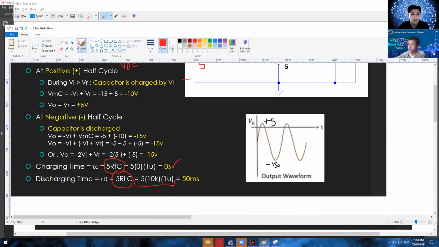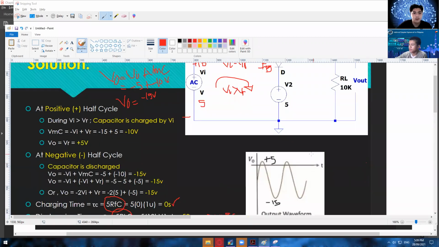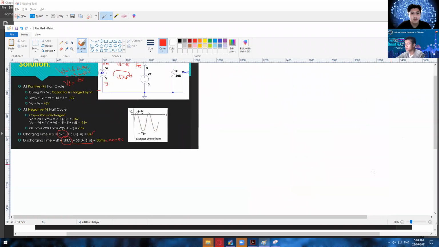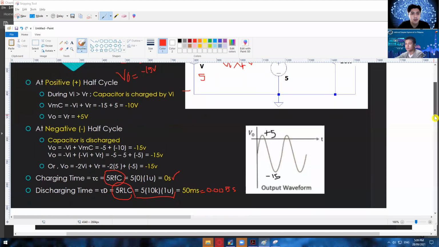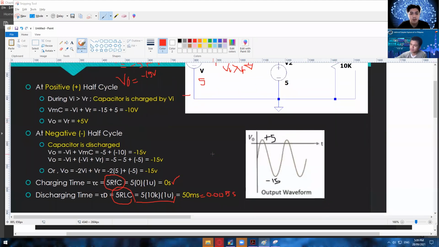In here, your answer will be in seconds, so this one is equal to 0.05 seconds. So, were you guys able to get this one?